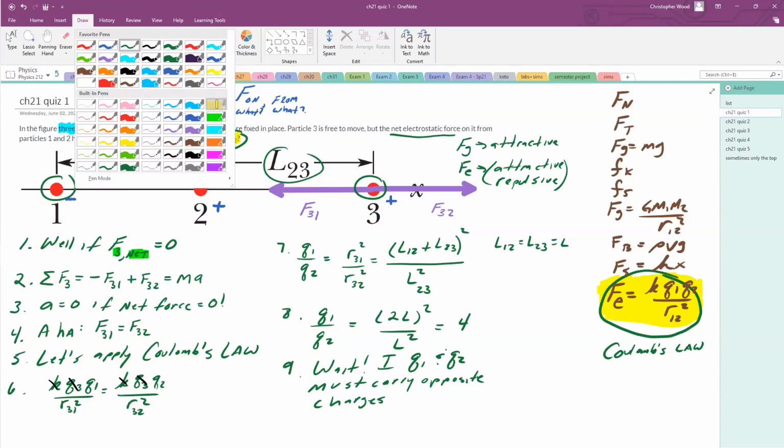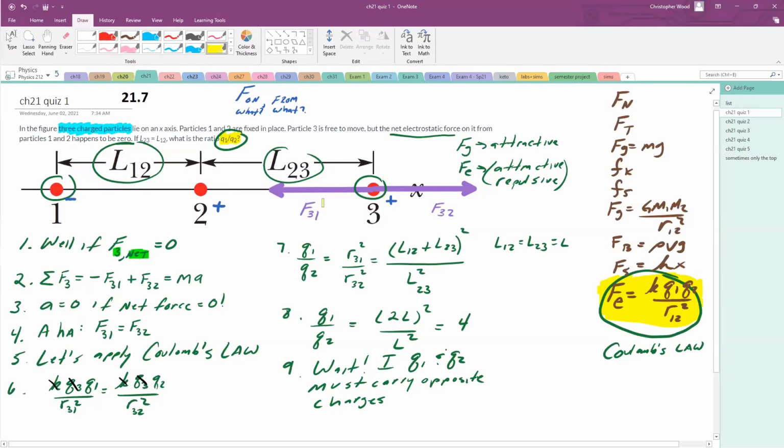Whatever they are, no matter how you play this game, go ahead and make up different numbers, however you set this up, and you have a lot of leeway in terms of setting this up, I know particle 1 and particle 2 are oppositely charged. So whatever that ratio is, I could actually just do this.